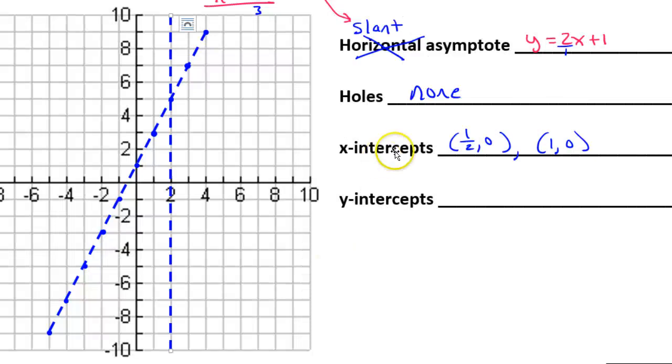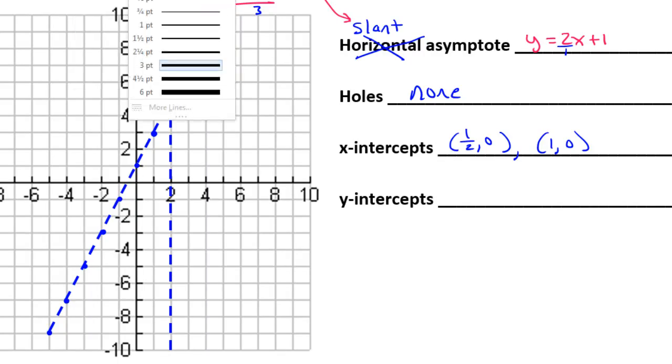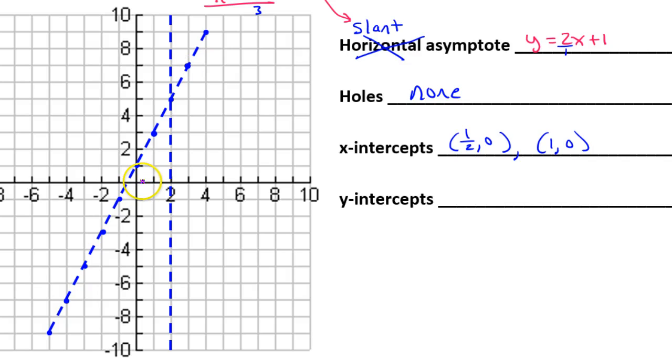All right, we have x-intercepts to graph at 1/2 and 1. So let's go ahead and do that. Okay, so I'm going to have an x-intercept at 1/2 and 1. Wow, that's really close together.